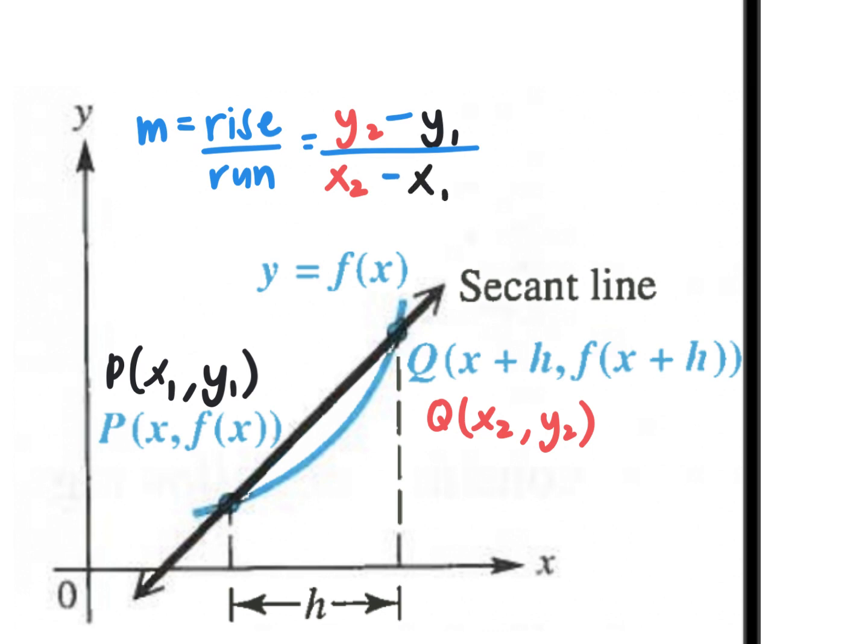Now, the order does not matter as long as you subtract the same from on top and on bottom. If I start with y2 on top, I have to start with x2 on the bottom. But if I start with y1, I can start with x1 on the bottom.